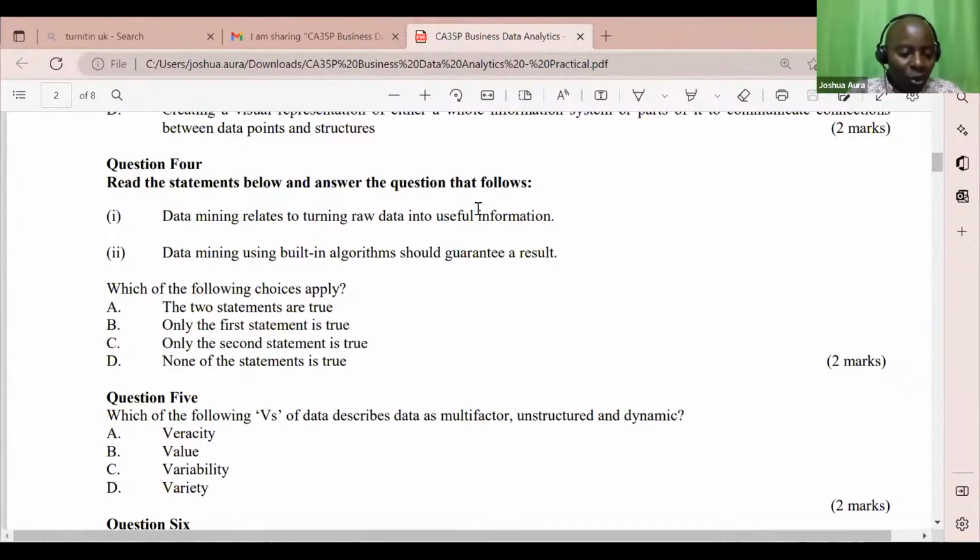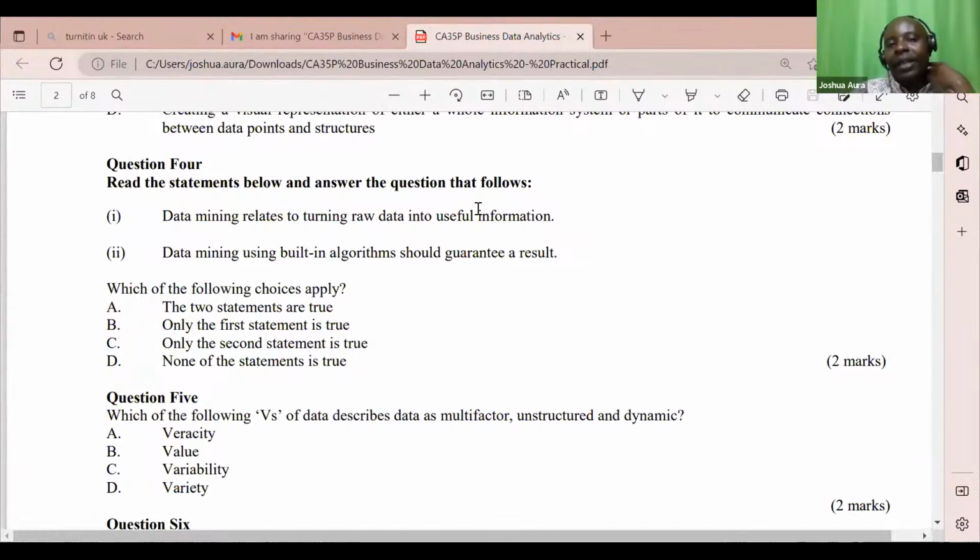You extract raw data and then you work through until you come up with a model, which you shall be able to deploy. So data mining relates to turning raw data into useful information. So statement 1 is correct. Any option that says statement 1 is false is wrong. C, only the second statement is true, that's wrong. D, none of the statements is true, wrong. So now I'm debating between A and B.